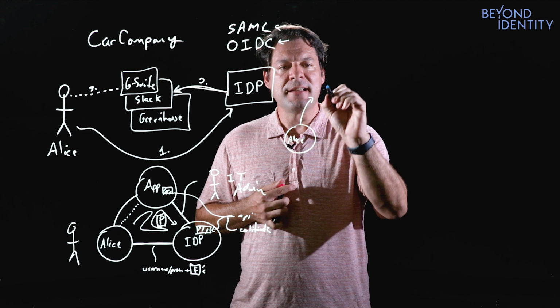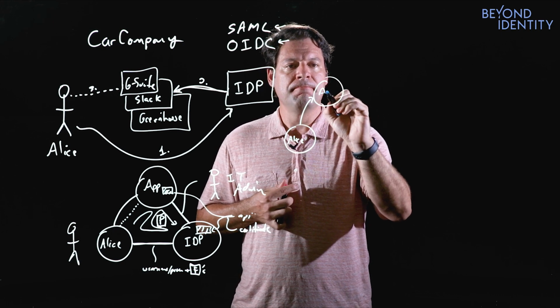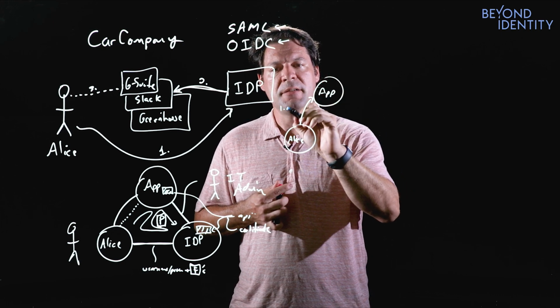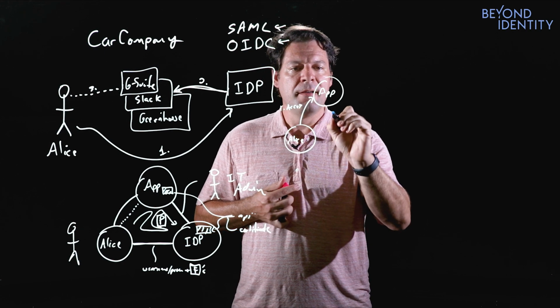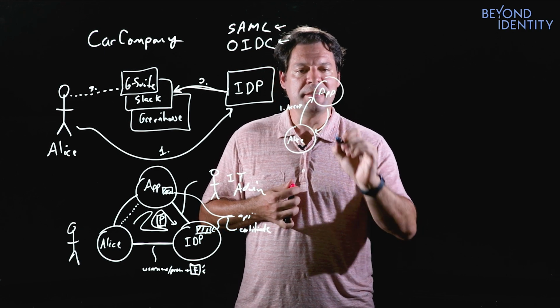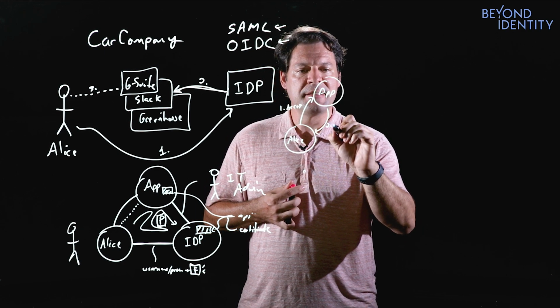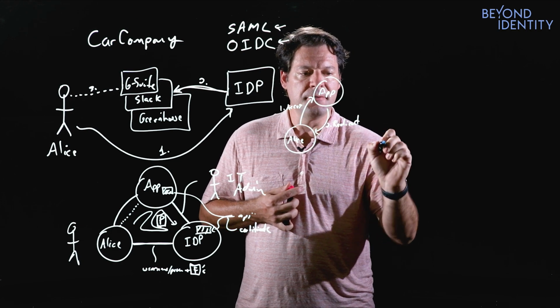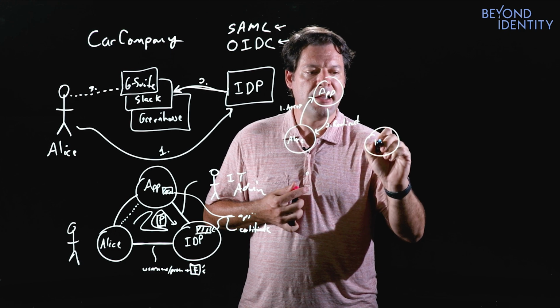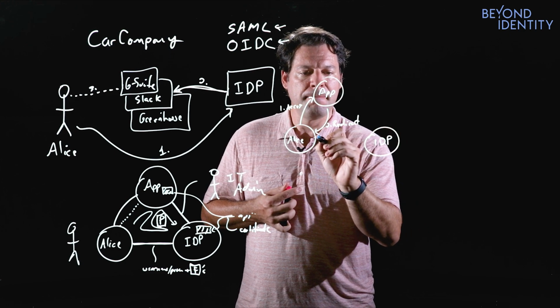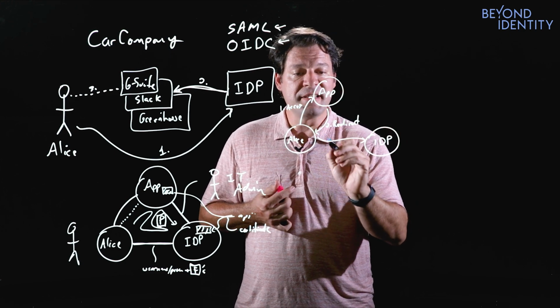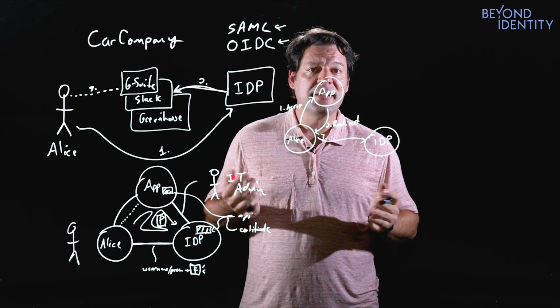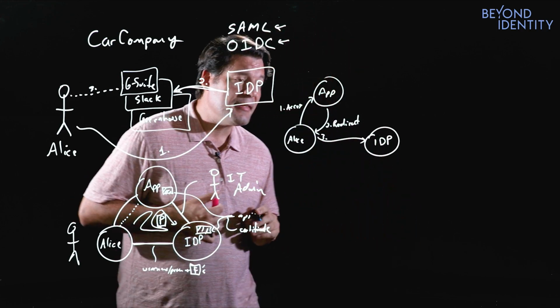So at a very high level, Alice will attempt to access the application. So we'll say one is access. And the application will basically send Alice, and we'll do this with what's called a redirect, to the IDP. And it's roughly saying, hey, I can't authenticate you. I need you to go to the thing that can authenticate you.